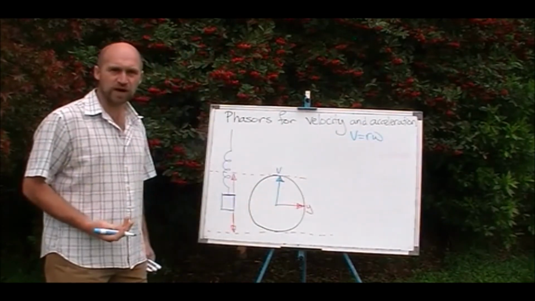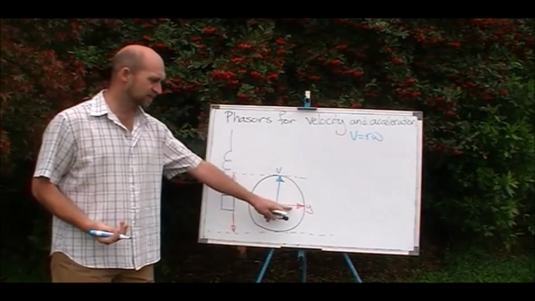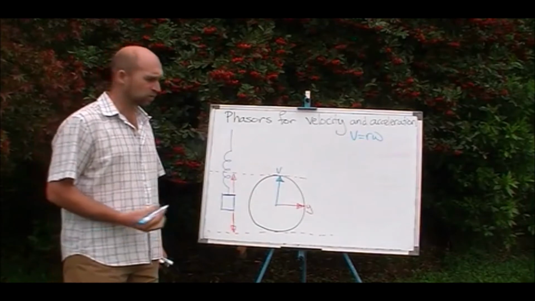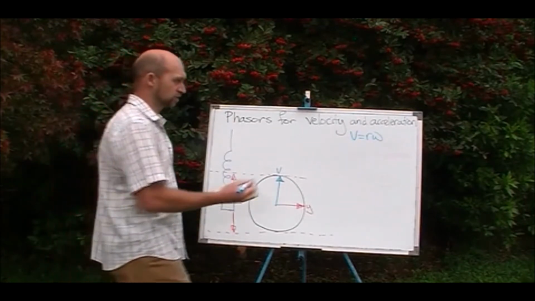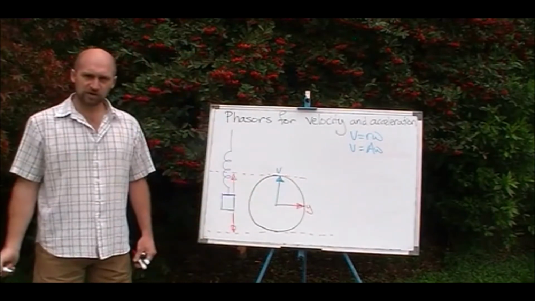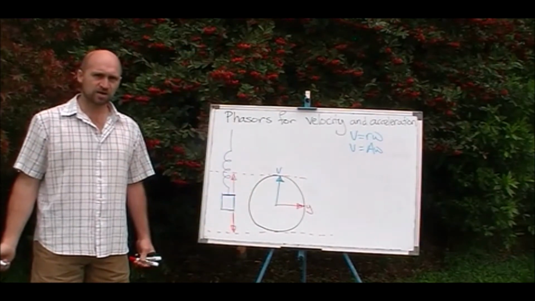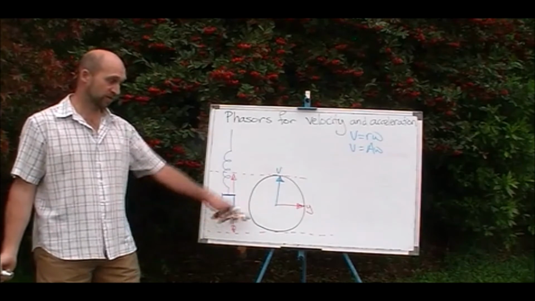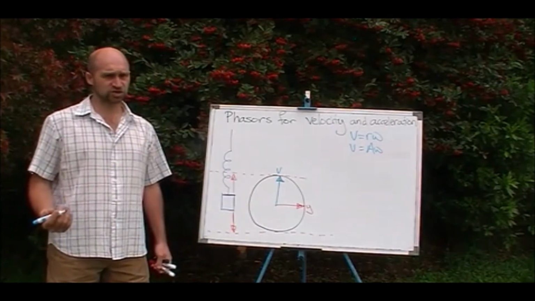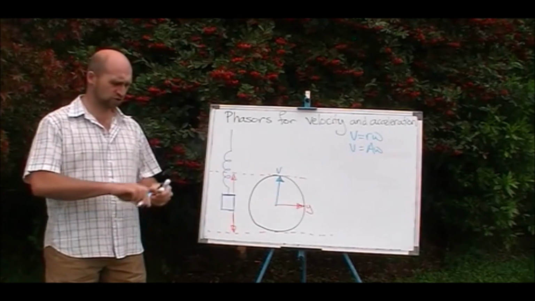And how big's the radius of that circle? Well, it's the same as the size of the displacement, which is equal to the amplitude. And so the length of our velocity phasor is A omega. The length of our displacement phasor, you might remember, is just A, the amplitude of motion.